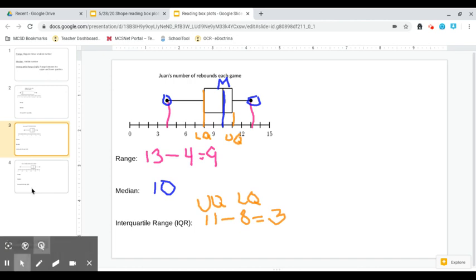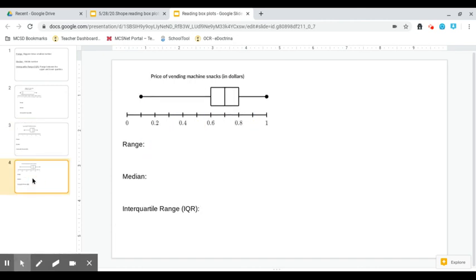Okay. Moving on to our final one. If we look, get a color. This is our range. These are the whiskers way out there. And we are counting by 0.1s, 0.1, 0.2, 0.3, 0.4, and so on.